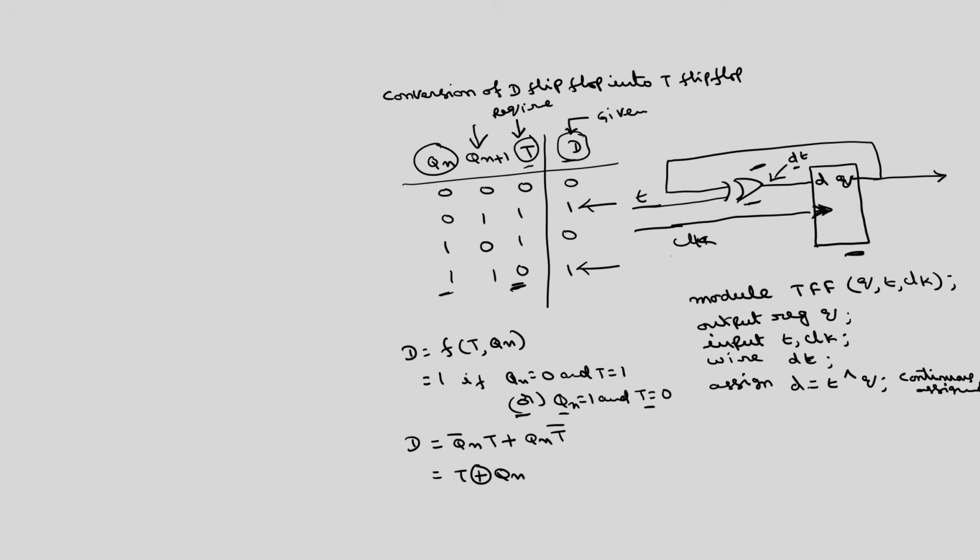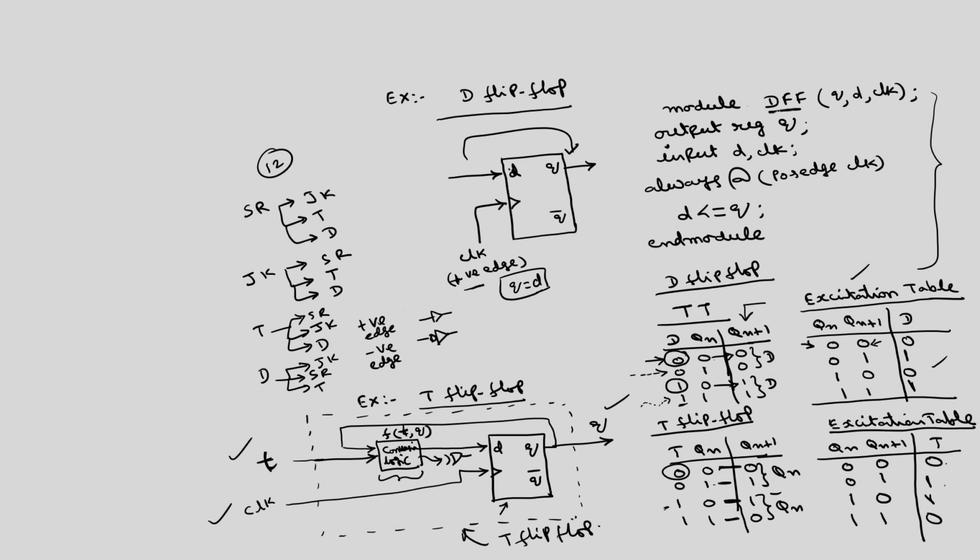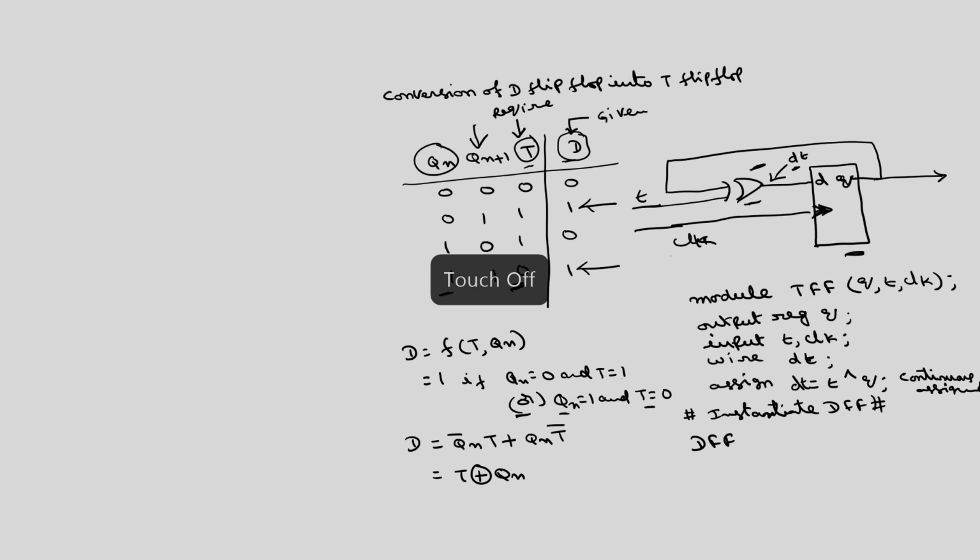Once I obtain this dt, then I can instantiate the D flip flop. Whatever name is given to the D flip flop, you have to use that name here, and I will give the instance name as some T flip flop.